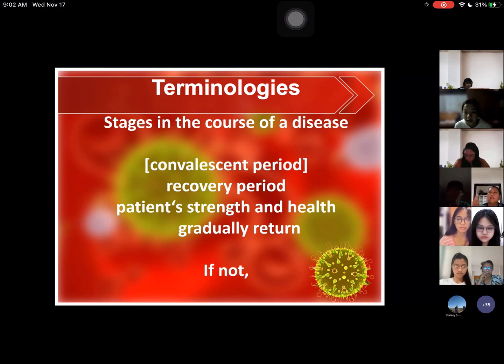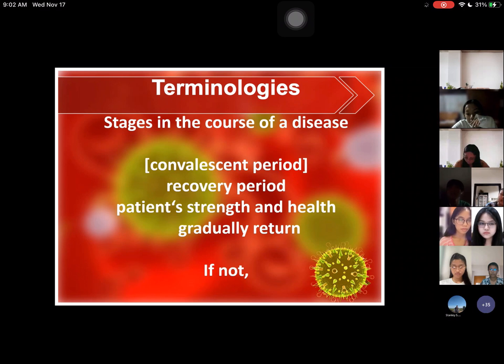In the period of illness, this is the time where we go to our doctors already, right? And the doctors will be able to give us medications, antibiotics. By that time, if you already have those antibiotics, you will be able to feel and monitor that the symptoms are less likely to disappear.